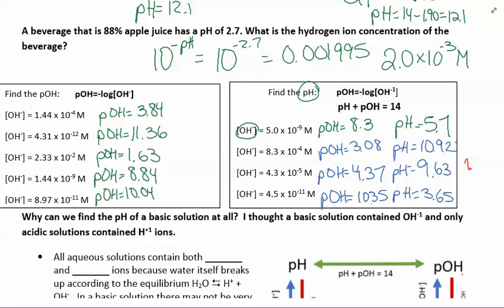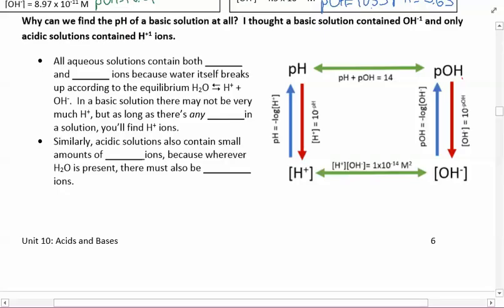Usually when you're thinking about pH values, they're more familiar to you when you're thinking of it. Is it acidic, basic, or neutral? So all aqueous solutions contain both the hydrogen ion and the hydroxide ion because water itself is going to break apart into that. So water all on its own does this.